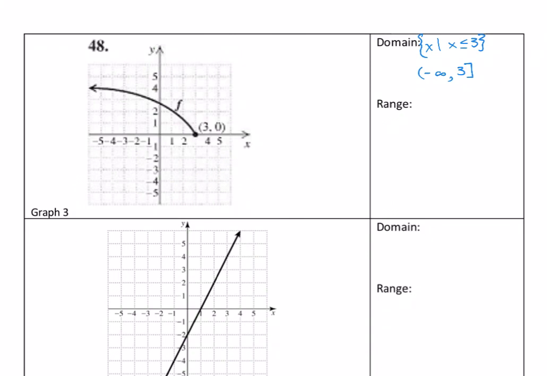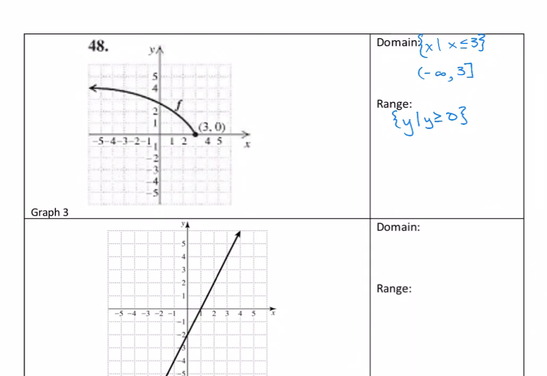Okay, for my range. My range, what is our bottommost y-coordinate? It is 0. And how far up do we go? Again, that arrow not only continues to the left forever, it goes forever up. So we have y is greater than or equal to 0.